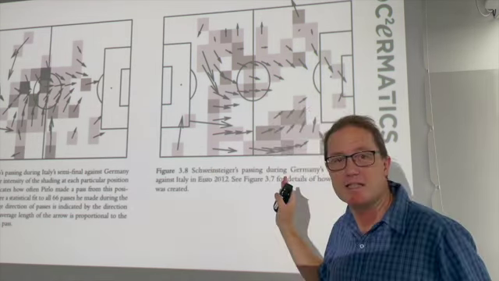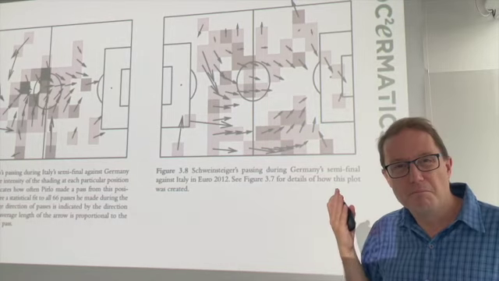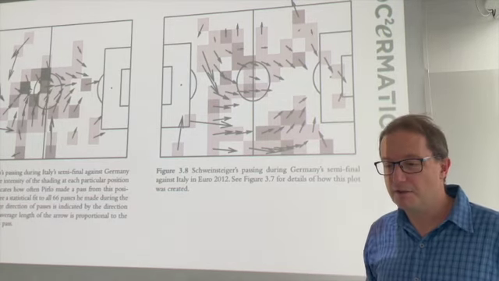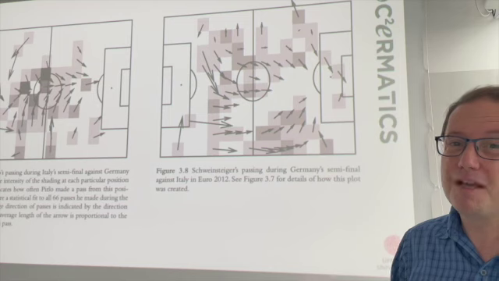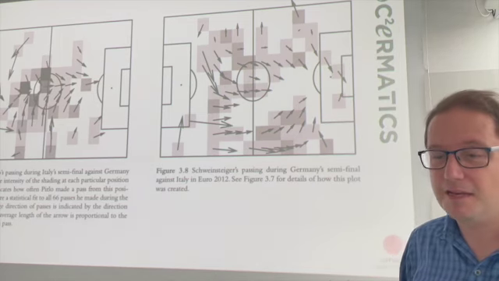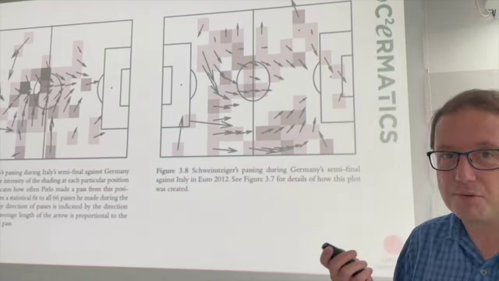He's passing from his own half, he's out on the right wing, he's out on the left wing, he's in the box making small passes. And this heat map manages to capture the difference between the two. As I said, it could be argued that there isn't really enough data to make a heat map, and we're going to come back to examples where we have a little bit more data soon.